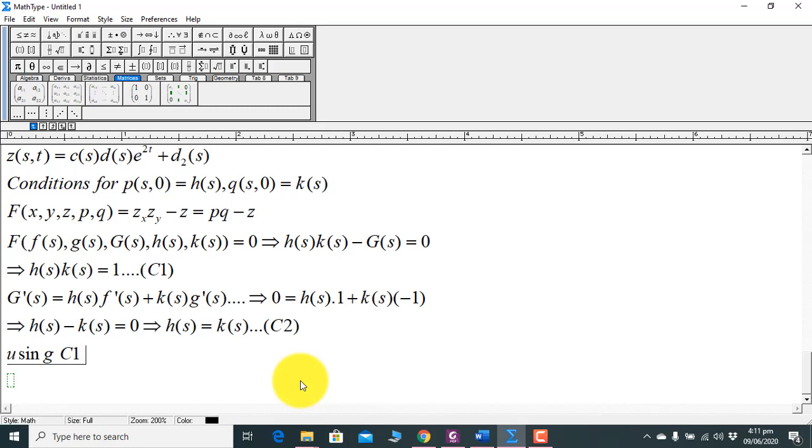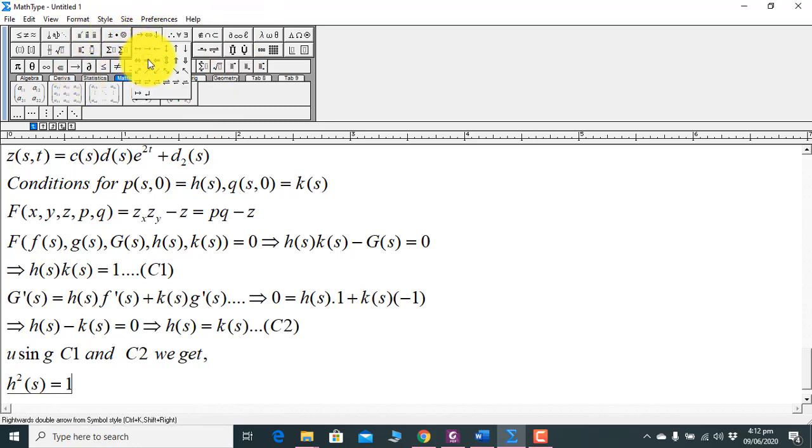Using C1 and C2 we get that H square is 1 or K square is 1, because you can put the value of K as H or the value of H as K. So the answer will be H square of s equal to 1, or you can write that H of s is plus minus 1.